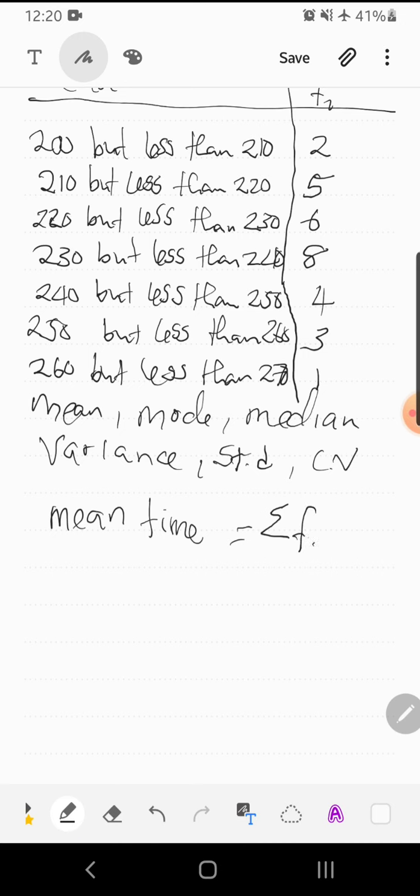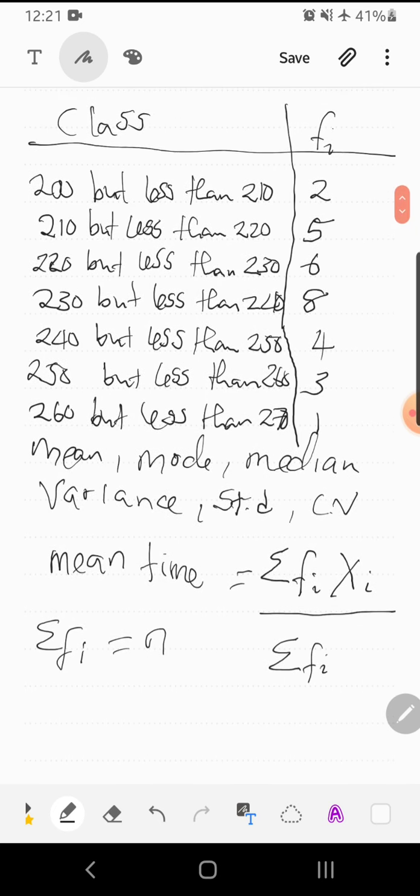So get the frequency, multiply by the midpoint, and then divide by the sum of the frequencies. In the previous lecture, we said this is our n. The sum of the frequencies is the same as n. Okay, so this is our formula.